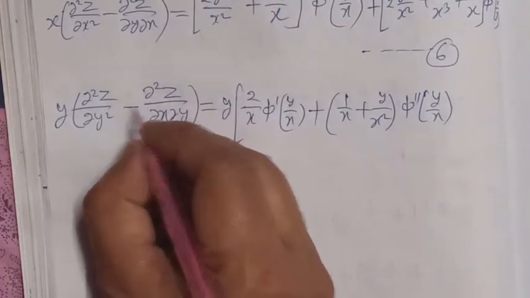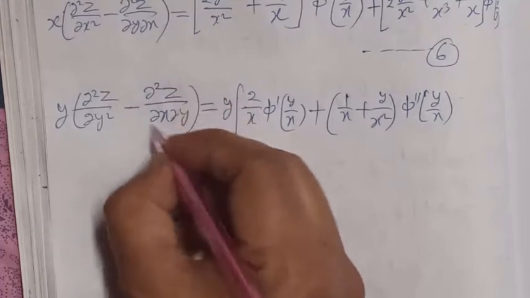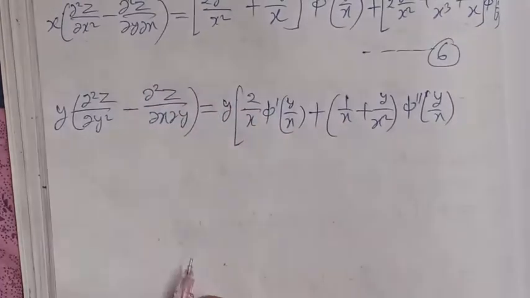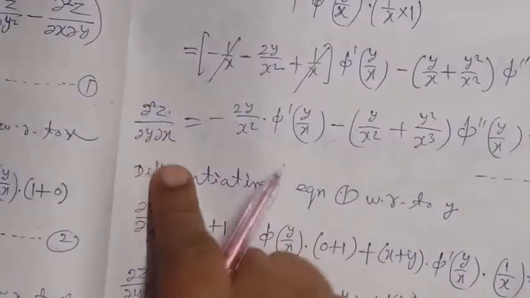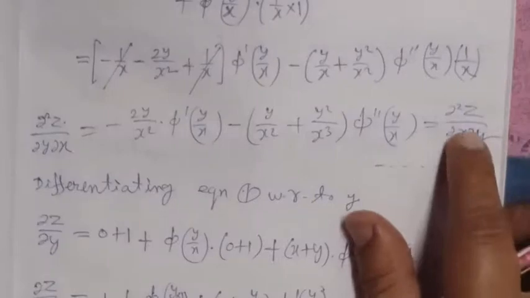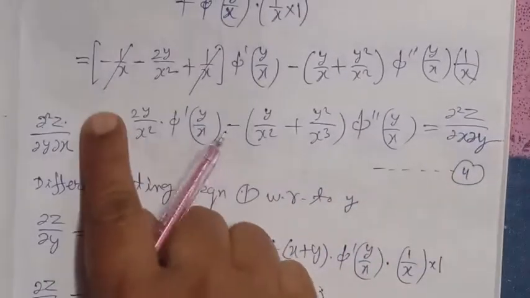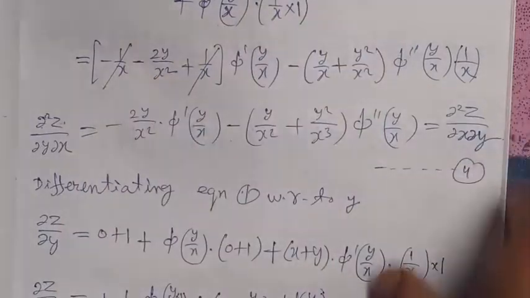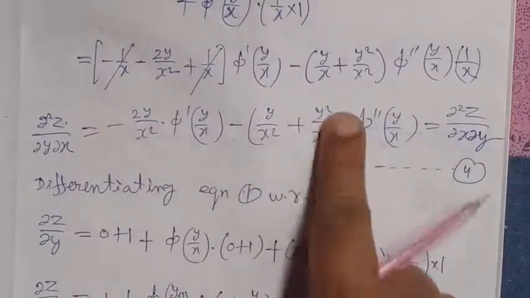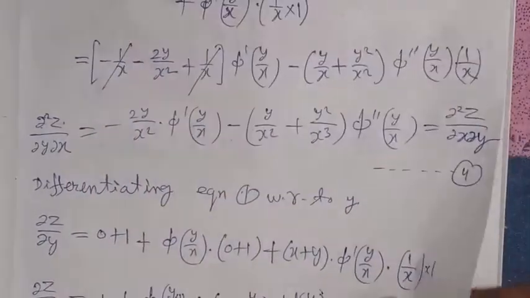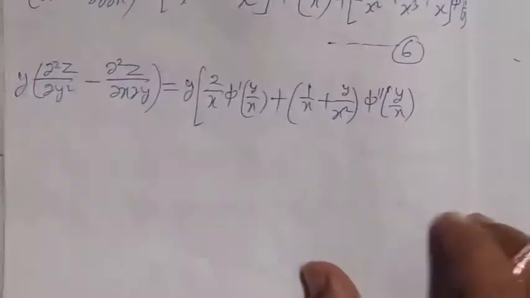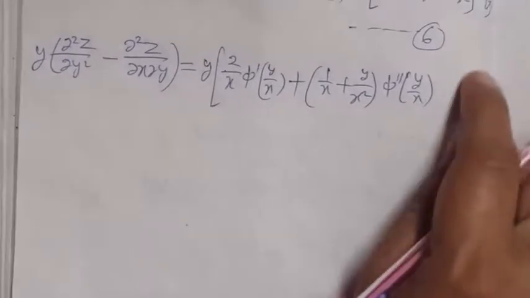And this minus: I write this value, before which a minus sign is present. So the sign of this value in equation number 4 is changed, and both terms become positive by that minus sign. I write both terms here because I have no space.